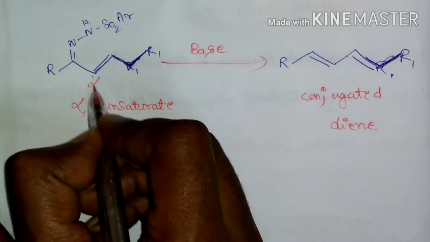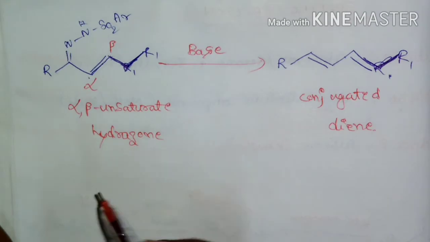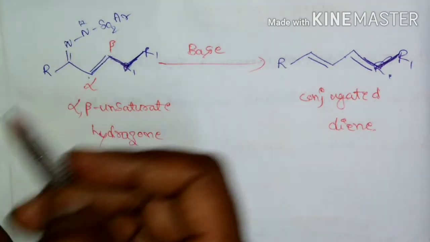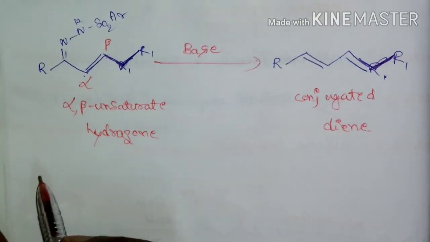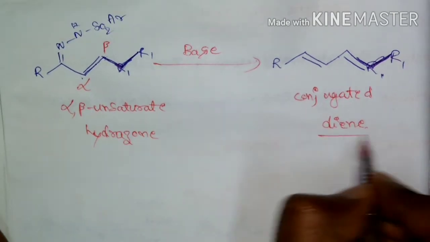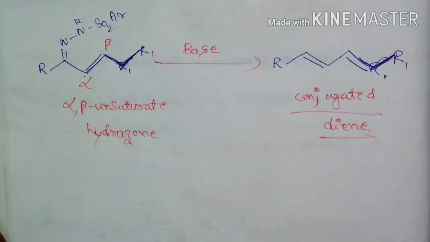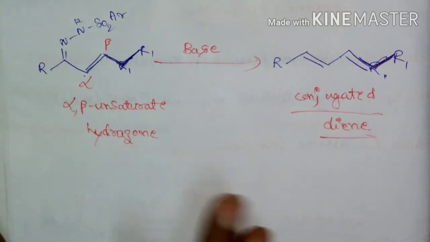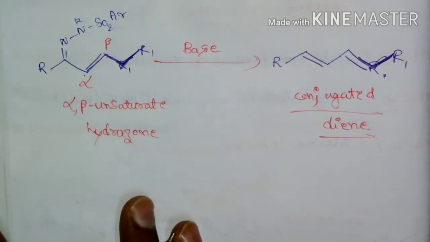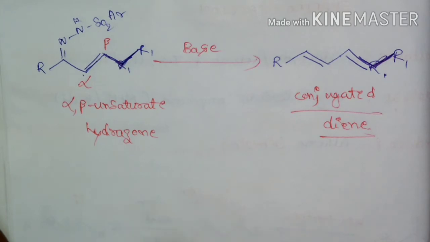If we have an alpha beta unsaturated tosyl hydrazone, which is derived from an alpha beta unsaturated carbonyl compound, and it is treated with base, then we are going to end up with a conjugated diene. Okay, this is one of the applications of how we can get a conjugated diene.